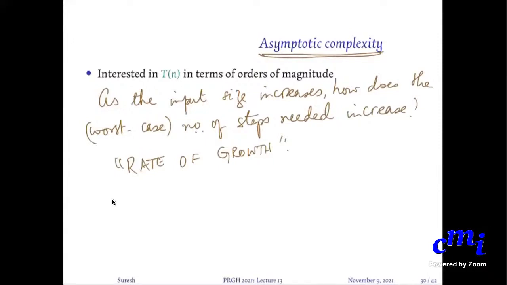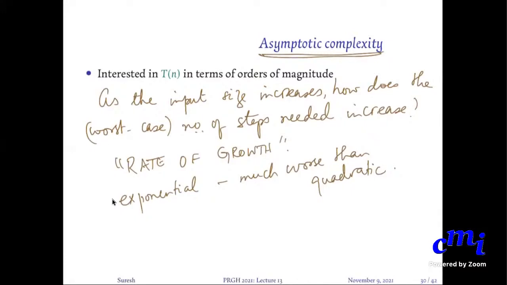So the precise number of steps needed and the precise time required might differ, but on both a supercomputer and a reasonable laptop, it will always be the case that if your rate of growth is exponential, it is much worse than quadratic. This is true both of a supercomputer and a laptop. And so this is sort of the bigger picture.